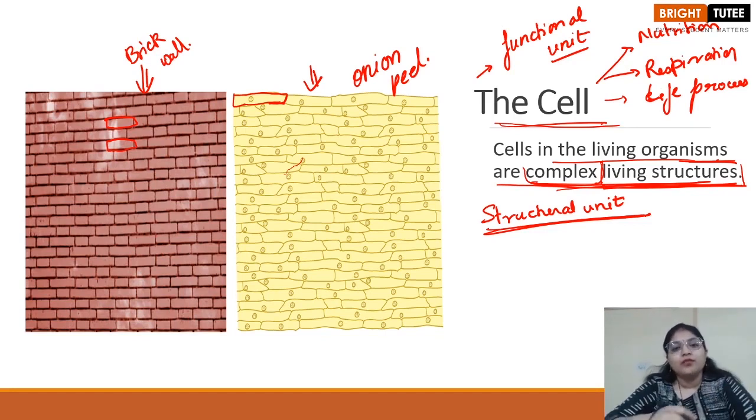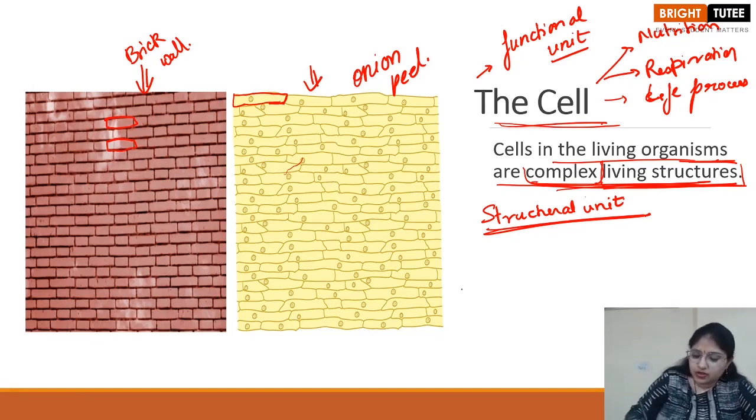Similar is the case with your onion peel also, or any other organism also, that cells come together, they form a tissue, and then they form the organ, and they differ from one organ to the other, right? So cell structure also differs from one organ to the other. The shape of the cell is quite different depending on the type of function that they perform, right?